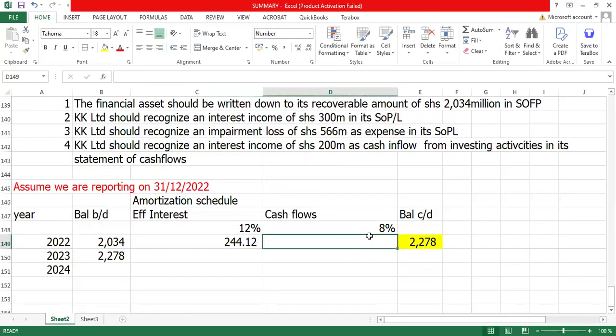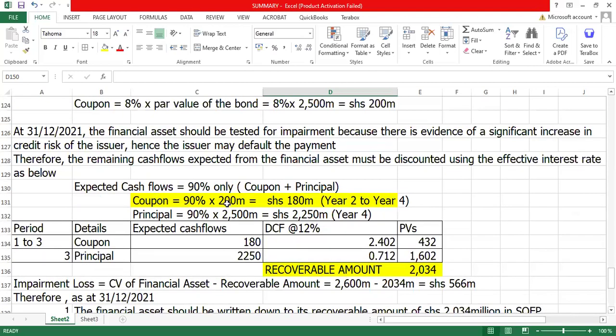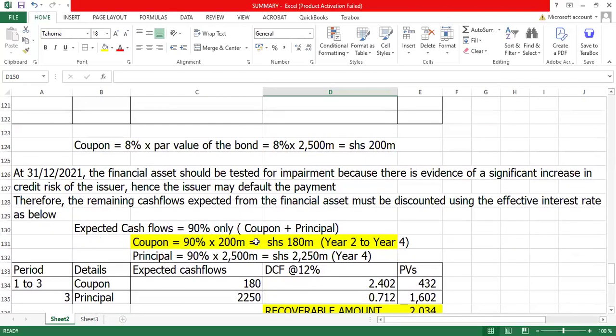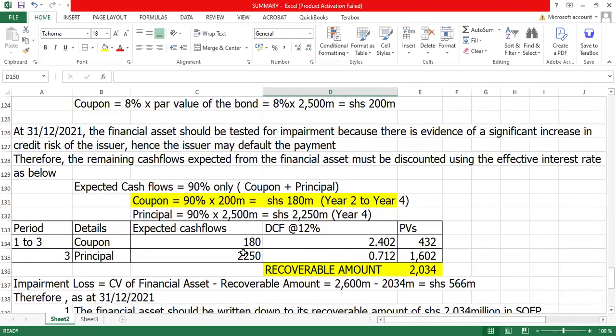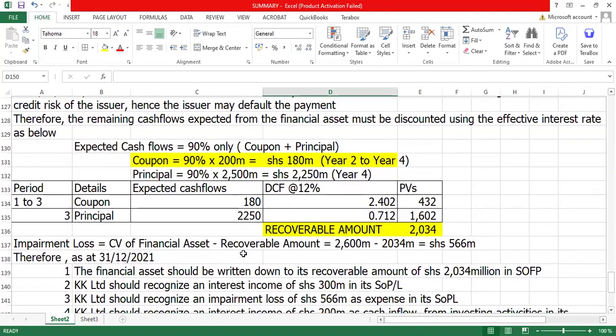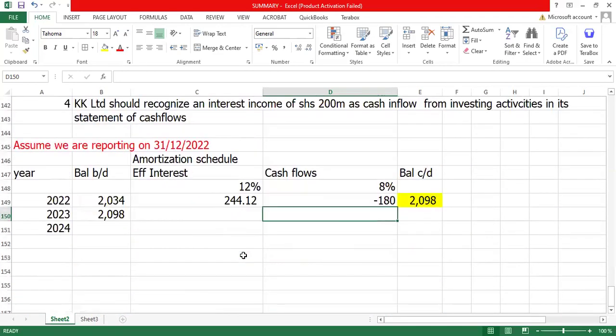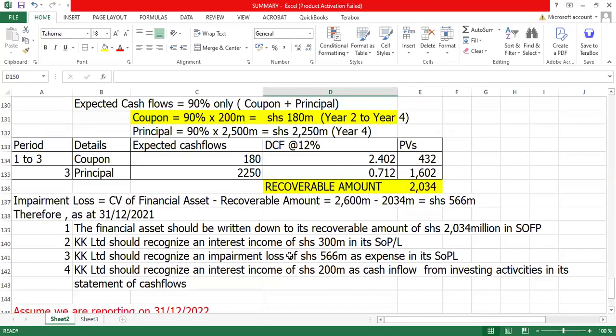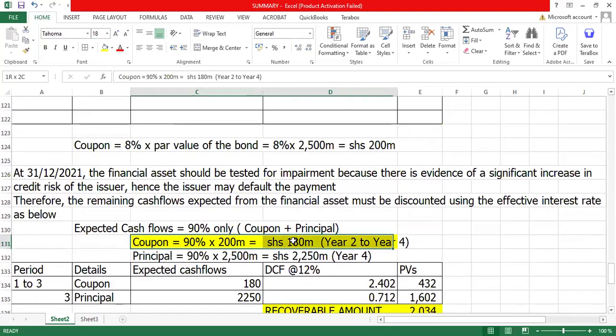So it's 180. You don't again subject that figure to the percentage. The 200 is already subjected to 8%, so you don't need to multiply again. You just pick what you have.